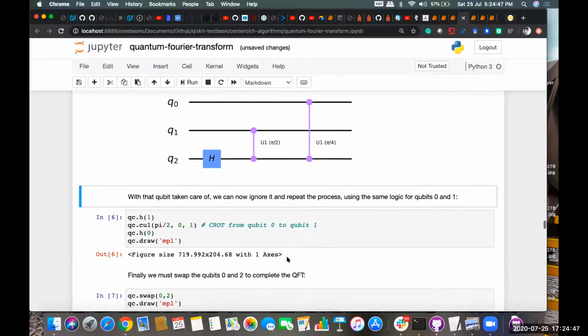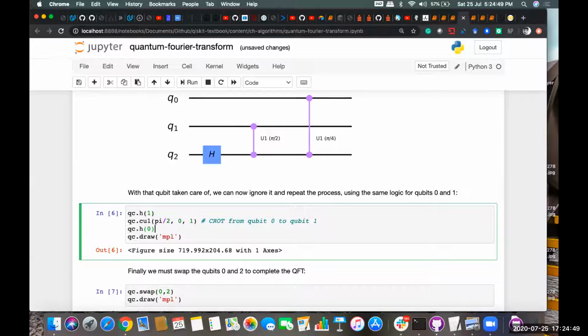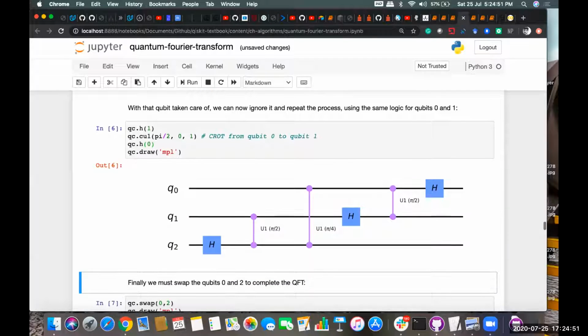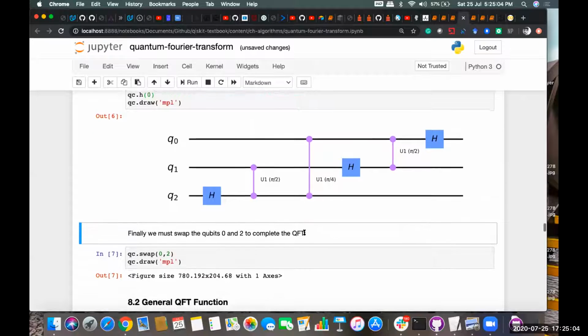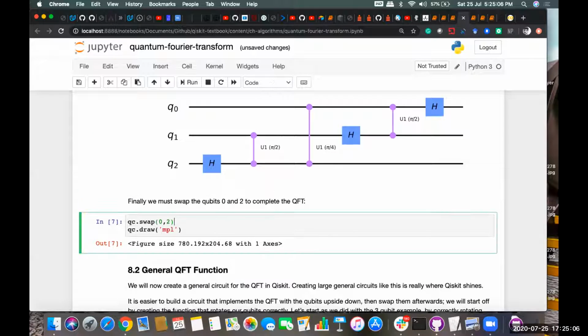Next, we will start applying the Hadamard gate on qubit 1. And similarly, we will again apply the controlled unitary gate from qubit 1 to qubit 0. And at the end, we will apply the Hadamard gate on qubit 0 as well. Okay.